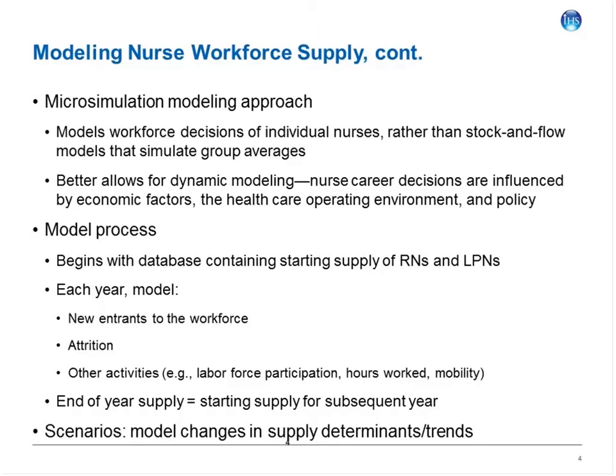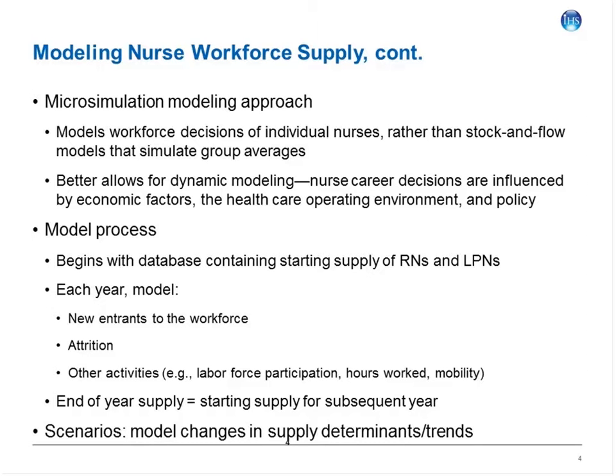And then we model the number of new people coming in, the number of people leaving, some activities that happen for the people in the workforce, like their labor force participation, hours worked, mobility. And then the projection for the end of the year is basically the starting supply for the subsequent years, and then it models year after year until you reach a certain endpoint.